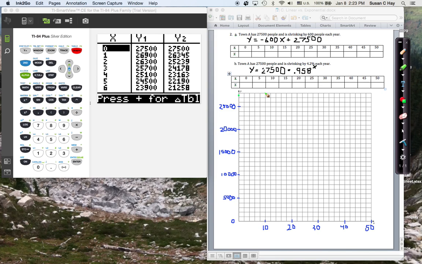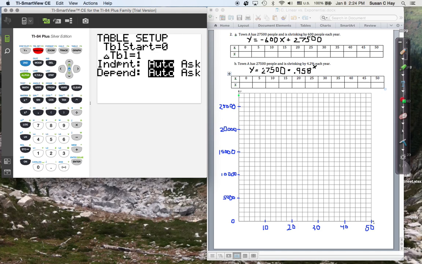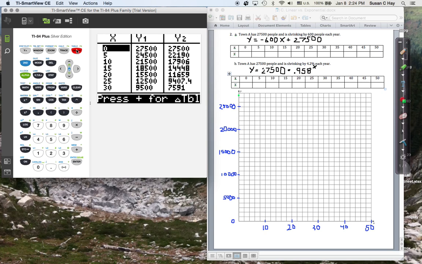And then at 5 years, oops, notice how I forgot to show you that you really should change your table setting to have it go up by 5s. Okay, so now when I go back to my table, I can see it going up by increments of 5.